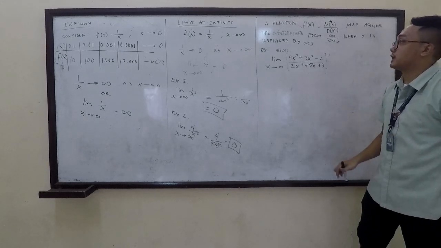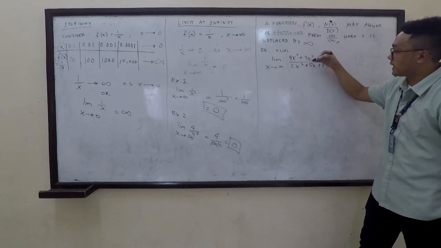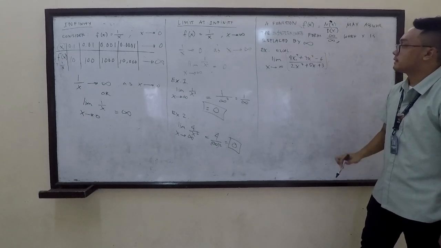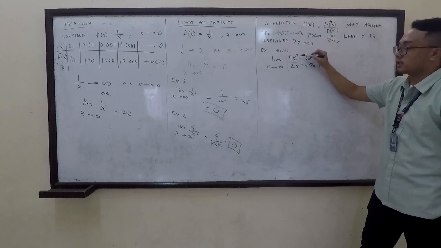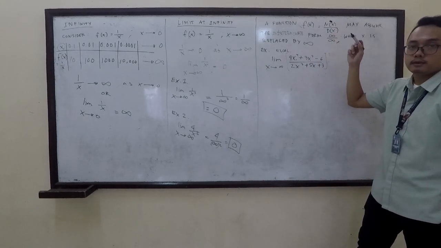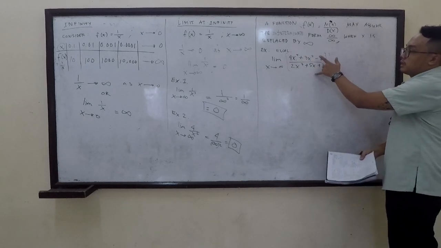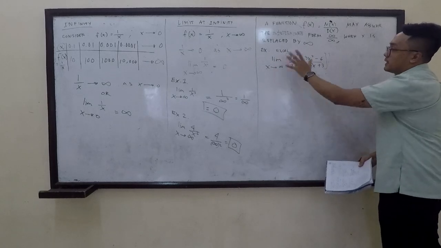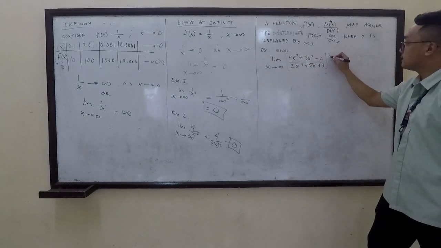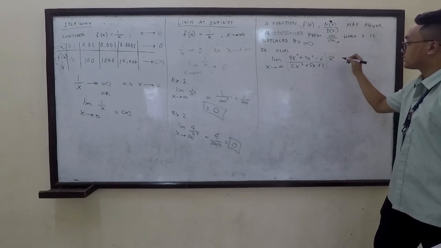The highest power of x here is x cubed. So we divide both by x cubed, or multiply both by 1 over x cubed.